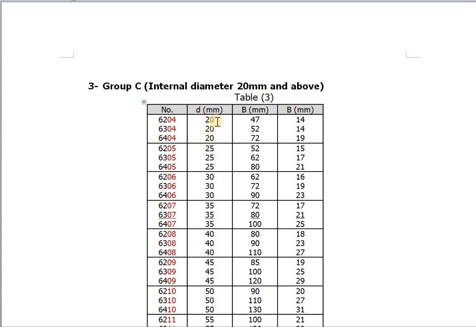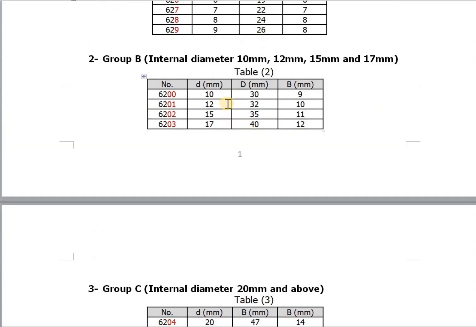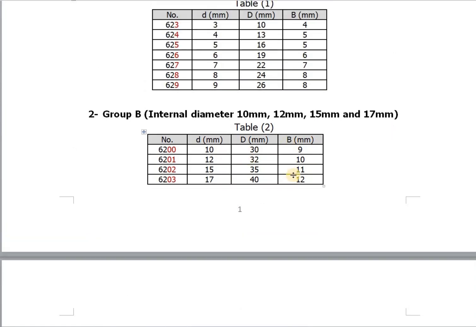The internal diameter should be multiplied by this number, 5. We can see again this is different because it is standard. 00 means 10. For this group, and for this group, the third digit means directly the dimension of the internal diameter.